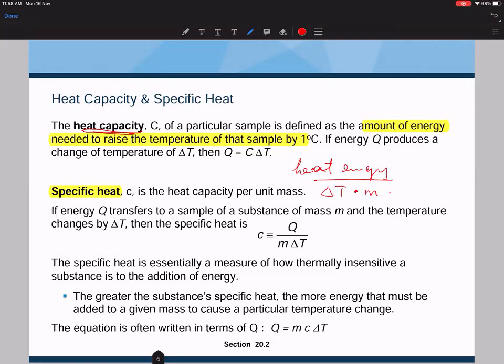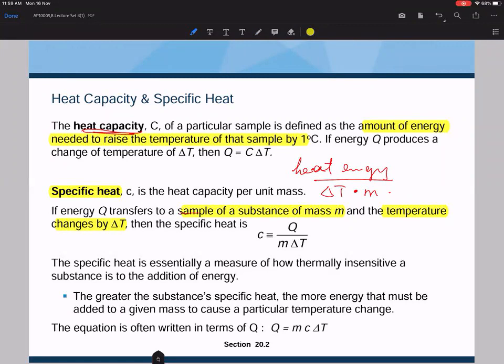So you divide the heat energy not just by the temperature change, but also by the mass. In this way, you could have a quantity called the specific heat. And this specific heat allows you to calculate the heat energy required for any sample that has a mass m, and you're trying to change the temperature by delta T. So that is the idea of the specific heat.